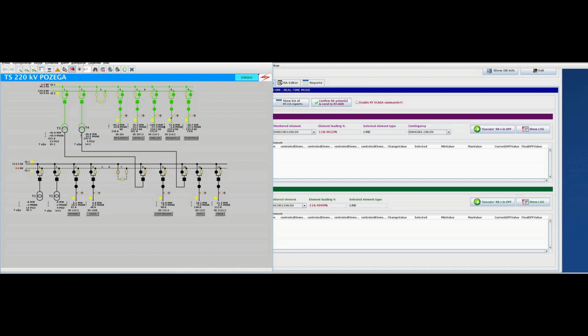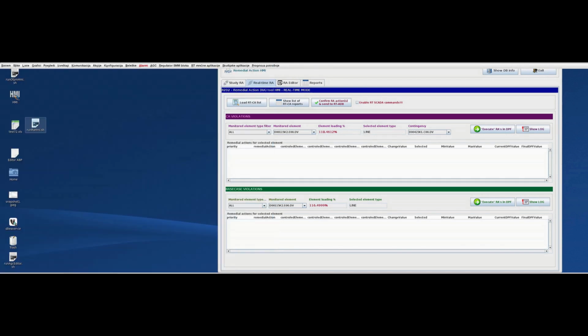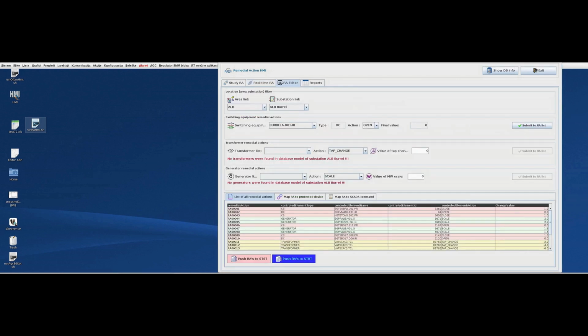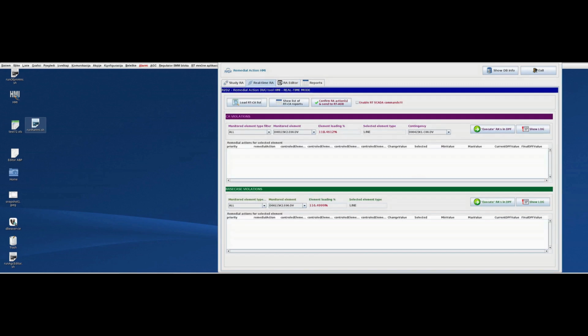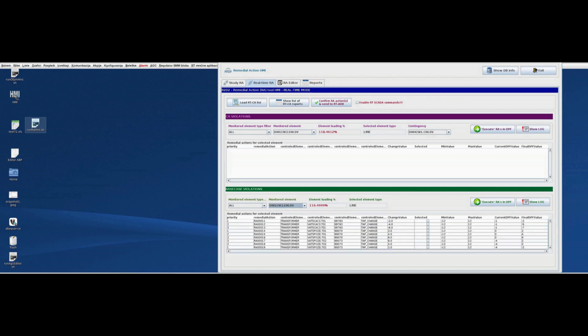The next step that dispatchers would take is that they would push the remedial actions that are already implemented in the system in the RAA tool. So when they load the remedial actions, you can see that the main remedial actions for this line are the change of the tap position.